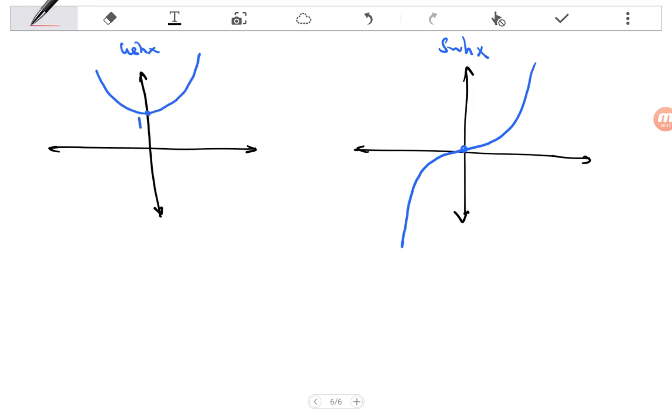So you might notice that just like the trigonometric functions, cosine of 0 is equal to 1. And we'll find that sine 0 is just equal to 0. Just like that sine 0 is equal to 0.